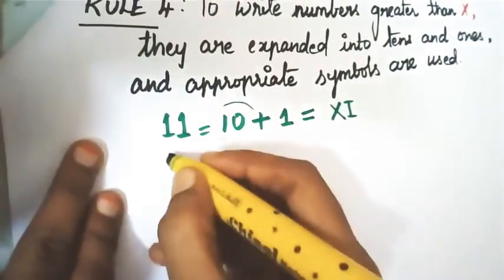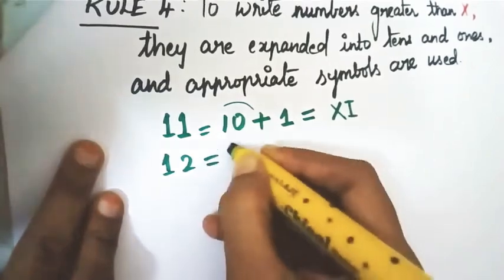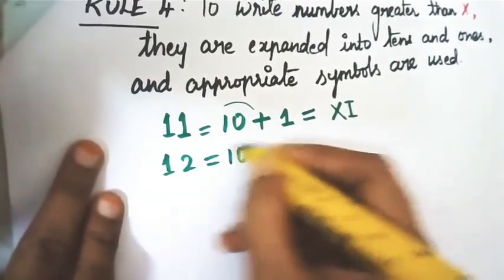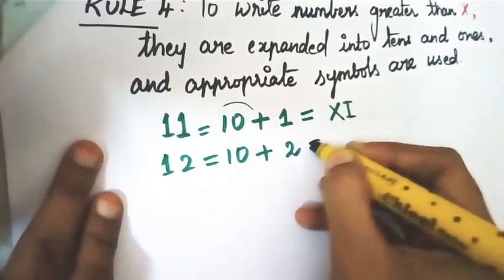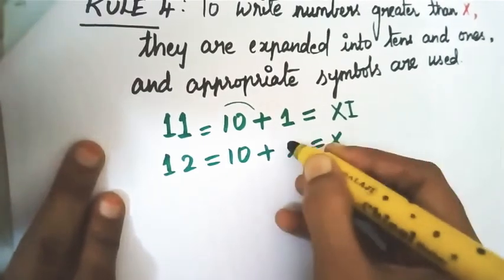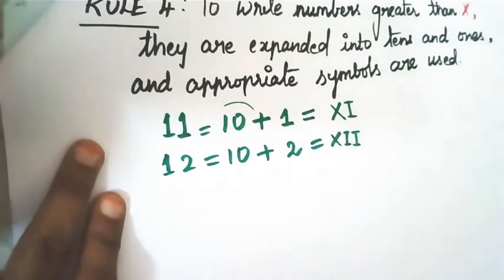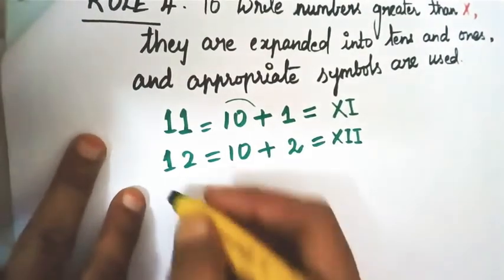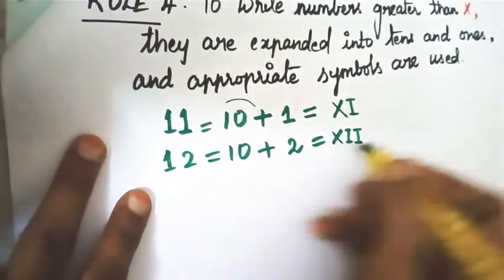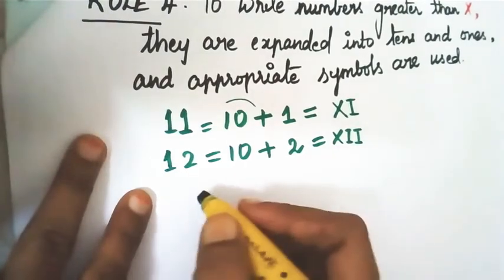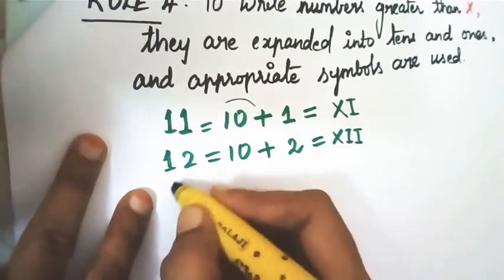Okay, then the next comes 12, right? 12 can be written as 10 plus 2. Value of 10 is X. For 2, you can repeat I 2 times. Then similarly, you can do it for 13 by repeating I 3 times.